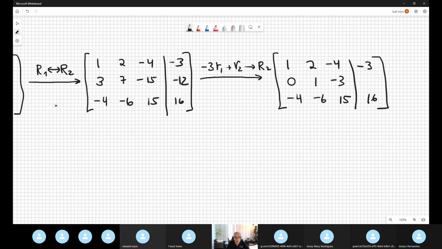And last, -3 times -3 is positive 9, and positive 9 minus 12 is -3. Boom! I finished the first transformation. The goal was to get that 0.